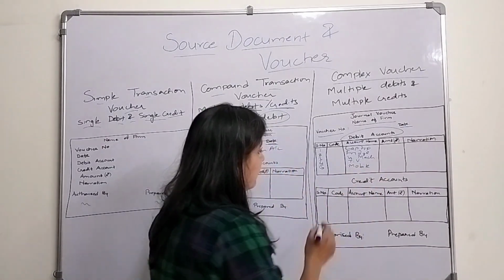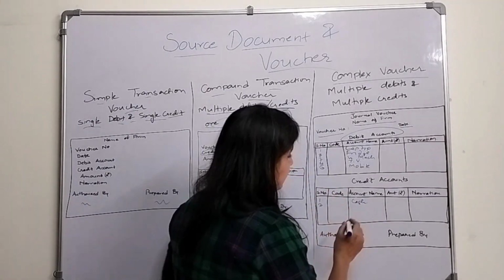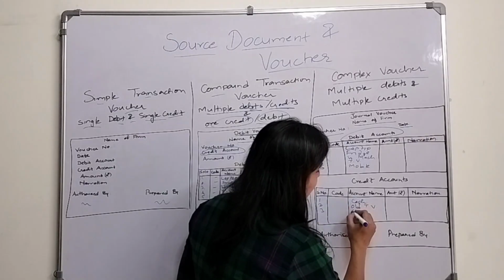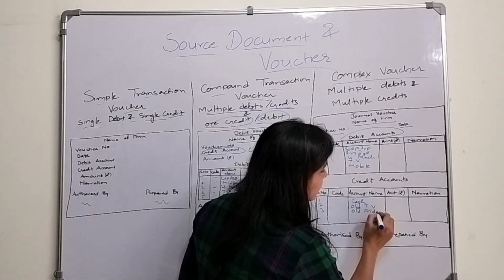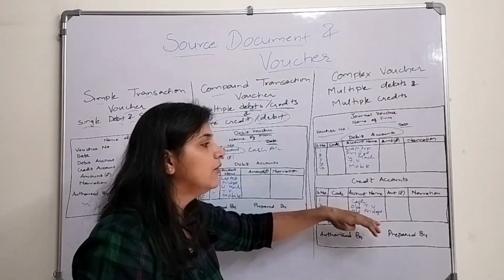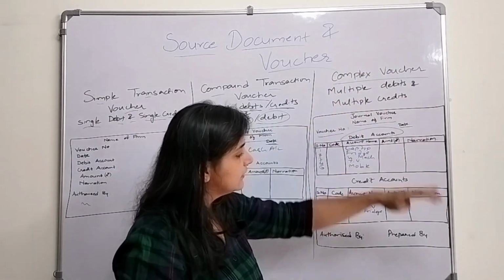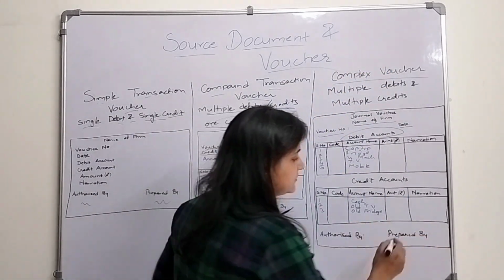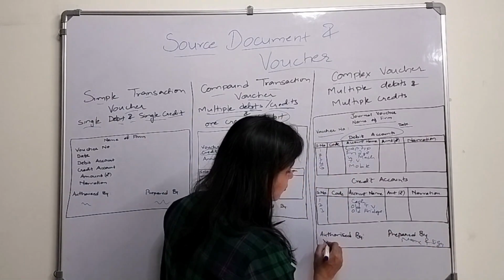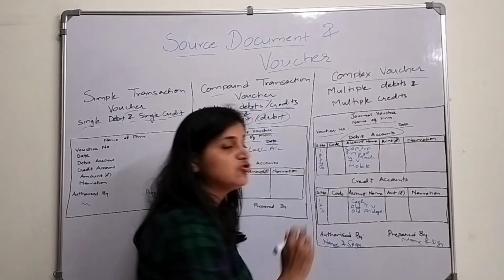For these things, I am giving cash also, and I am giving my old TV and my old fridge. So multiple accounts have been debited, multiple accounts have been credited, and that's why we prepare a complex voucher. Again, the name and signature of who prepared it, and who authorized it, are mentioned over here.